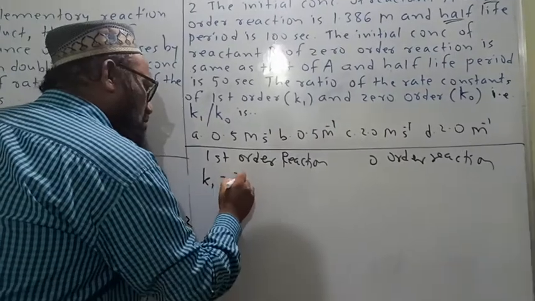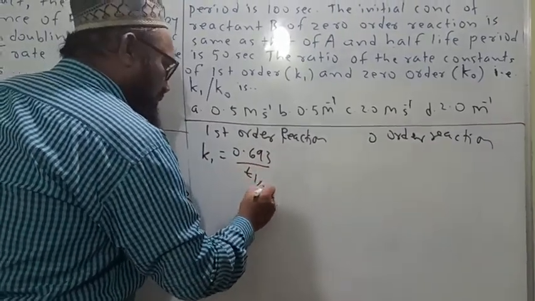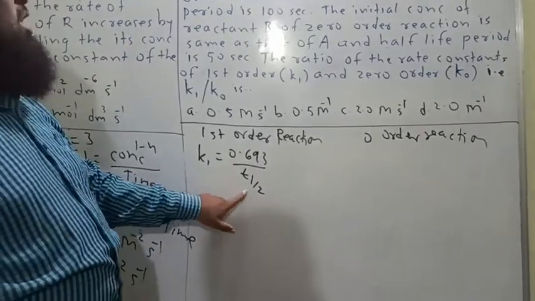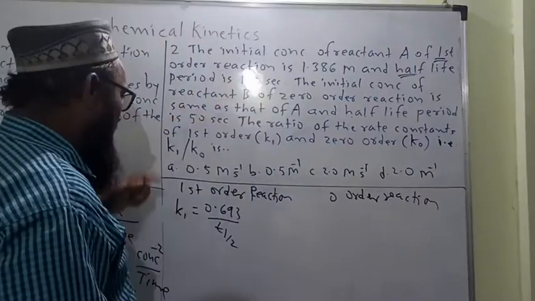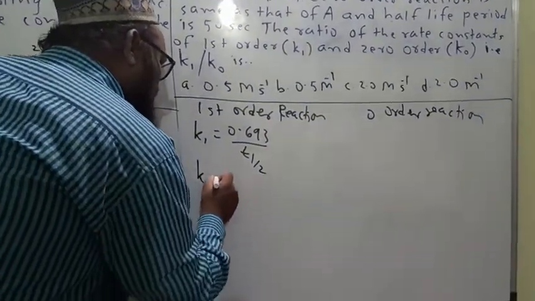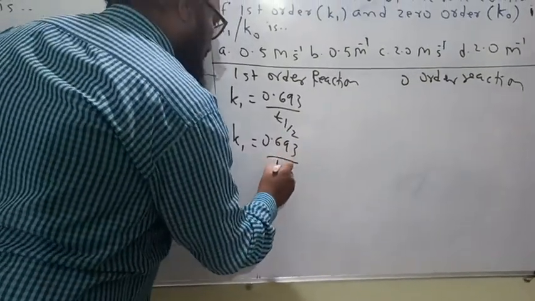K1 is equal to 0.693 upon T half. Here T half is given. For the first order reaction, the half-life period is 100 seconds. K1 is equal to 0.693 upon 100 seconds.